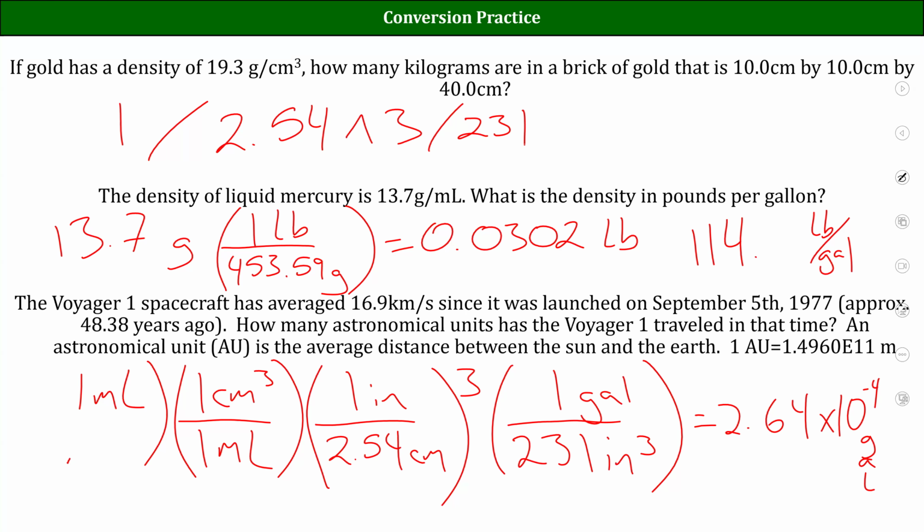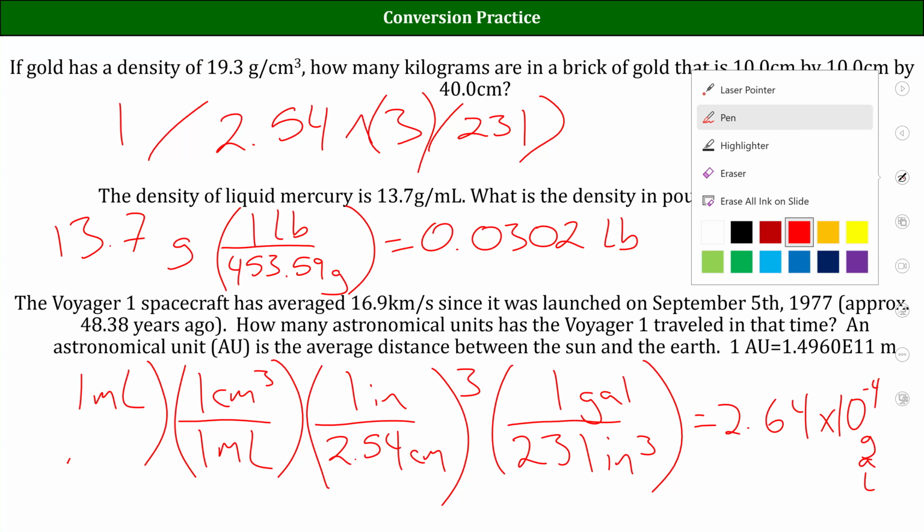Your calculator should, if it's following PEMDAS, do that 2.54 to the third before it does any of the rest, since exponents come before multiplication. However, some calculators will interpret this differently. When you run into an issue like that, I do them all separately, in separate chunks.